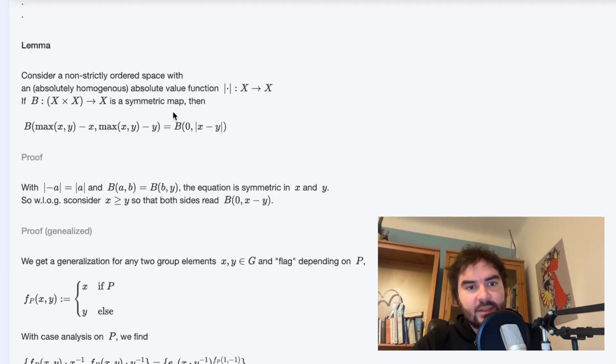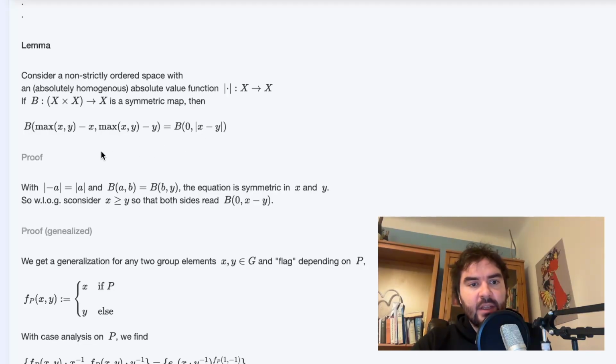Now let's just prove this thing for the maximum at least. Firstly, a norm property is that it swallows up a minus sign. We have by assumption that this B is symmetric, so this is without loss of generality completely symmetric in x and y.